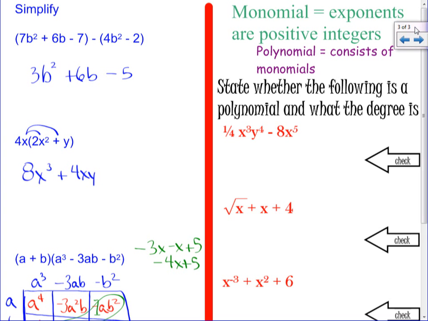We solve it? Nope, we're not solving it. So we answered the first one, state whether the following is a polynomial. So it's yes. What the degree is. Now the degree is the highest number exponent on the terms. So if we look here, how did they get 7 for the degree?